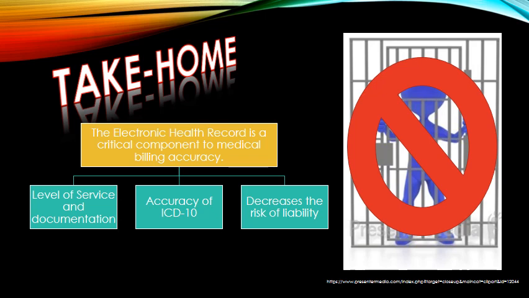Level of service and documentation, it helps us tremendously in ensuring that the documentation is complete for the level of service that was provided. It assists quite a bit with the accuracy of ICD-10. While not foolproof, it does assist in getting those codes right to show the medical necessity behind the office visit level, and again, decreases the risk of liability.